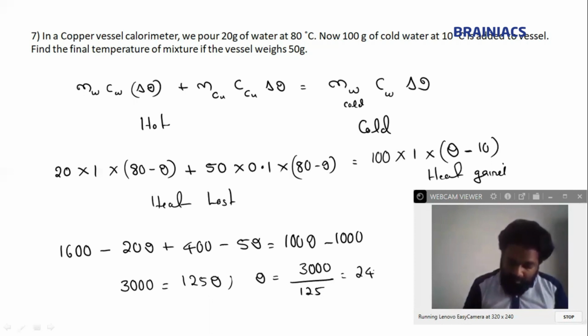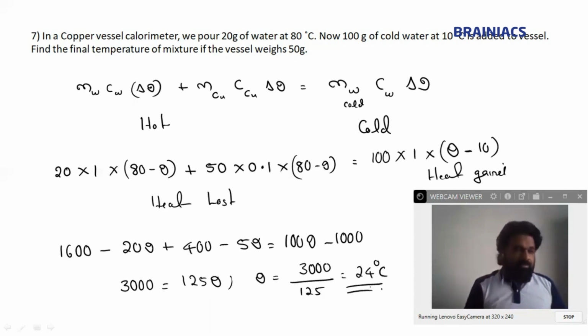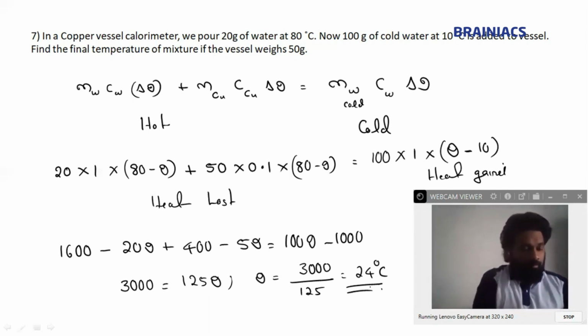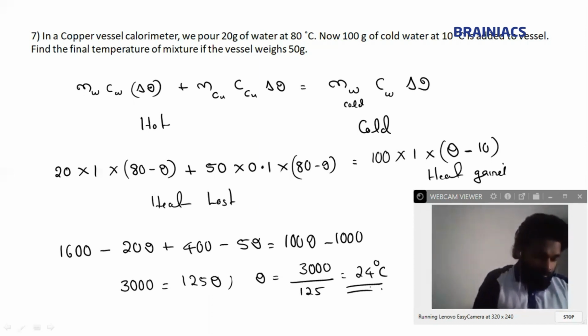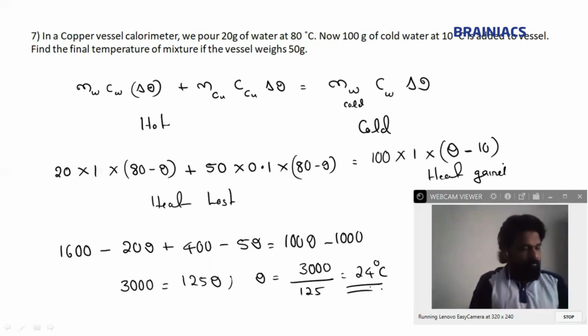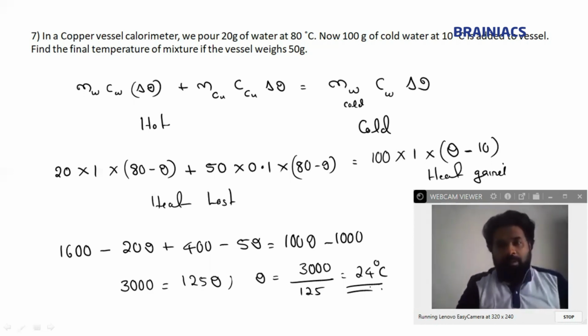This will be around 24 degrees Celsius. Okay, so please note it down. Clear? Shall we move to the next question?